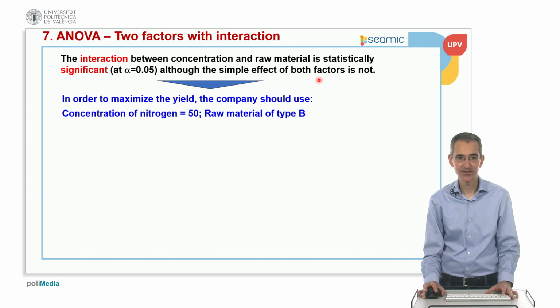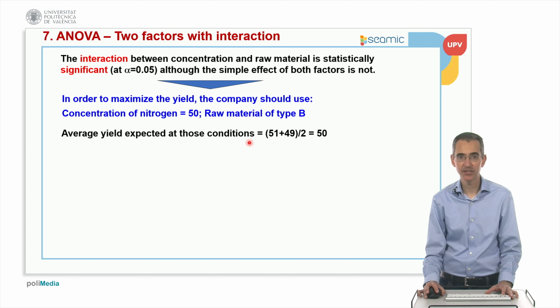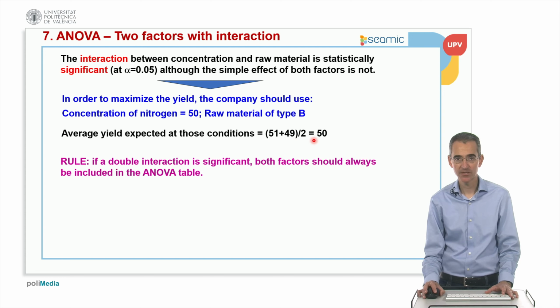These are not real values. Well, so in order to maximize the yield of this chemical reaction, chemical fermentation, the company should choose concentration of nitrogen equal 50 and raw material of type B. Okay, so the average yield expected if the company works with those conditions will be the average of the 2 values that we have obtained in both conditions, which is 50.